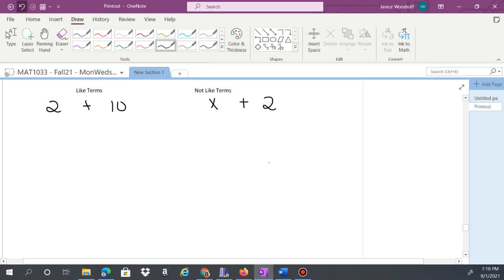I can multiply them, but I cannot add them. So it would stay x plus 2. I can add 2x plus 10x to get 12x. Here, this would have been 12. But I can't do, for example, 2x plus 10, because the 10 would also need to have an x.